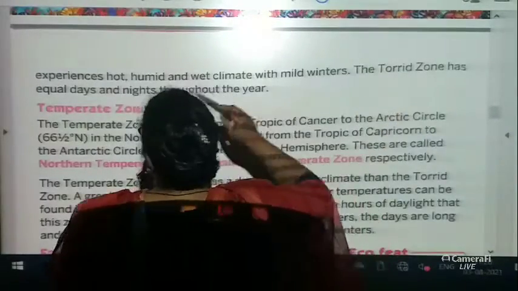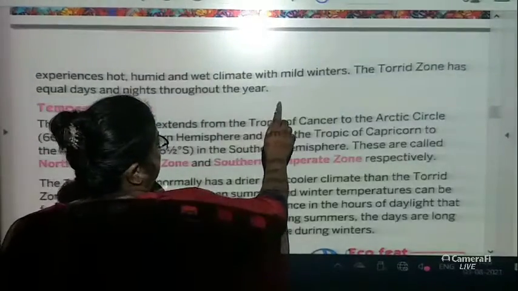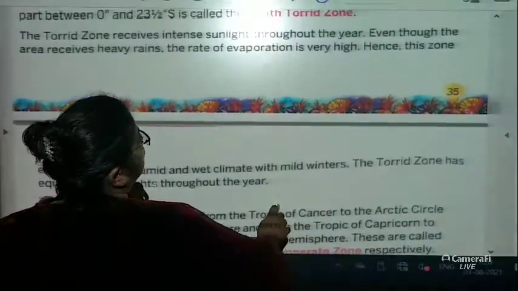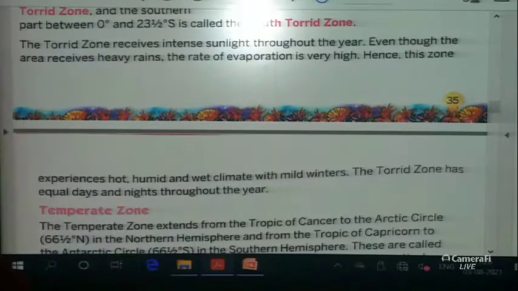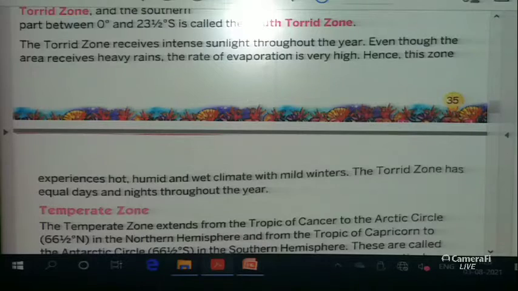The torrid zone has equal days and nights throughout the year. Now children, this is equal days and equal nights throughout the year. In the previous class, you must have read about the equinox. This is the place where you will find the equinox, because of equal days and equal nights.